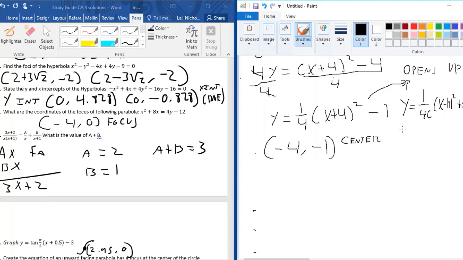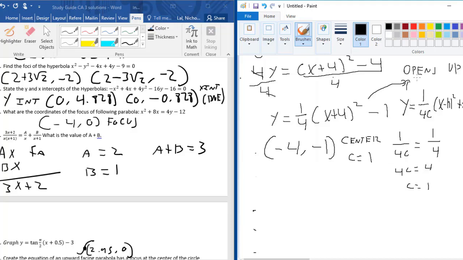Our c value, our focal length: we have 1 over 4c matches up with 1/4, which means 4c equals 4, divided side by side by 4, c is equal to 1.